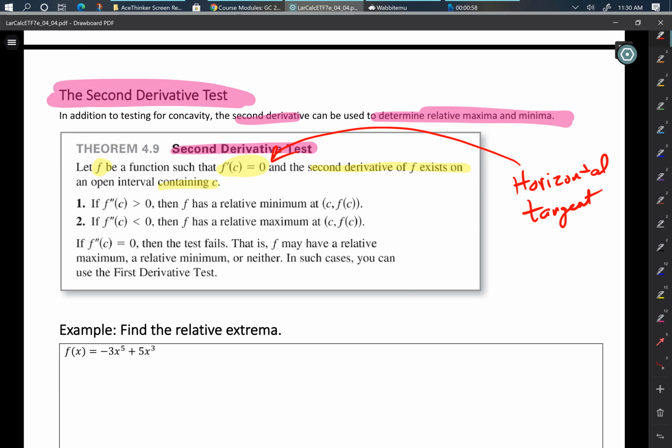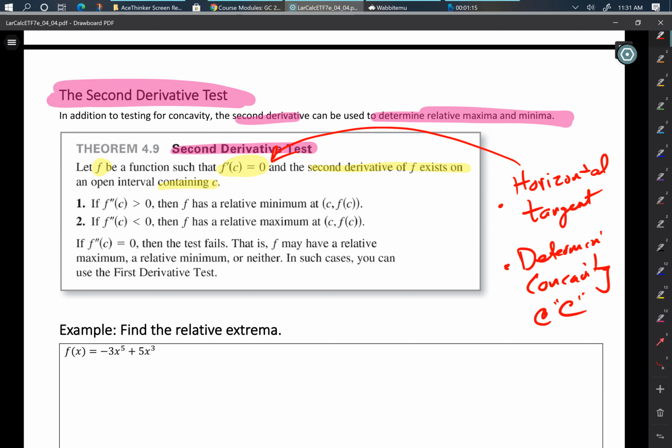That means that we can determine the concavity at that value c.